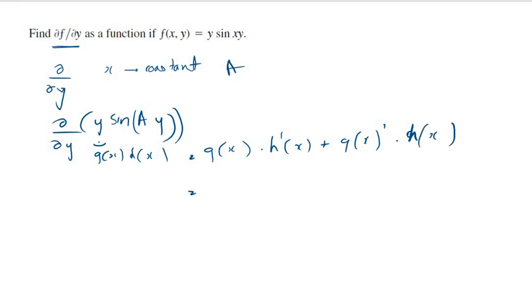So g is y. We write y as it is. Derivative of sine is cos ay, and we multiply it by the derivative of the function ay, which is a, plus the derivative of g, which is 1, times h. Really, these are functions of y, so let me put this as y, not x.